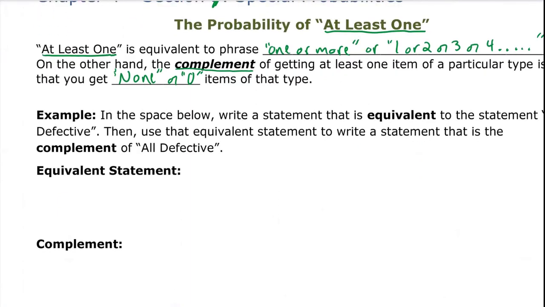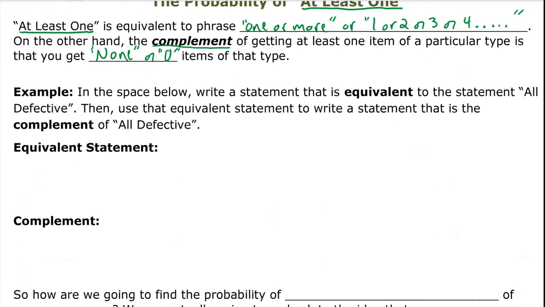So in the space below, we want to write the equivalent statement to the phrase all being defective, and then use that equivalent statement to write a statement that is the complement of all defective.